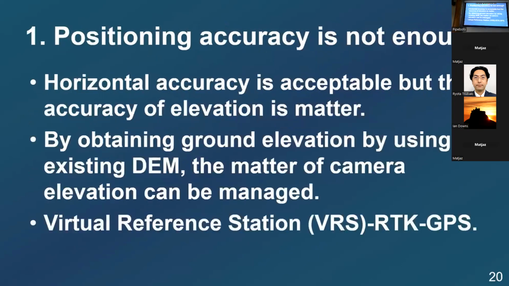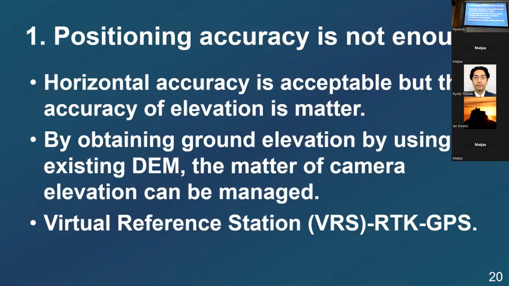The first problem, positioning accuracy is not enough. Horizontal accuracy is acceptable, but the accuracy of the elevation is a matter. The accuracy is not enough for elevation, 2 meters or something. Obtaining ground elevation using the existing DEM, as done in this project, is a solution to manage the elevation of the camera.